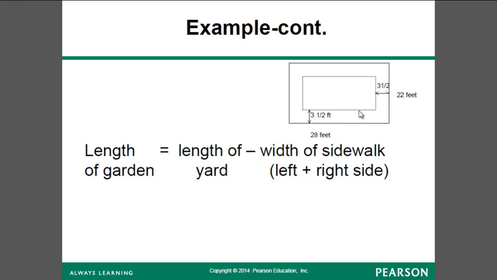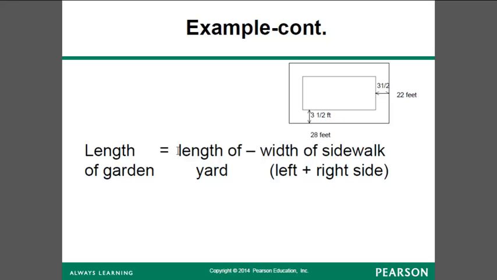So the length of the garden is going to be the length of the yard minus the width of the sidewalk. We have to remember that it's actually twice the width of the sidewalk because we have one width of the sidewalk here and one width of the sidewalk here. So that's why I said the left plus the right side of the sidewalk.